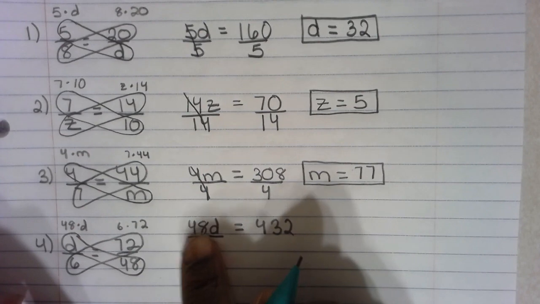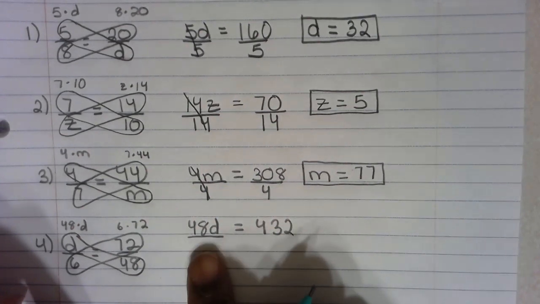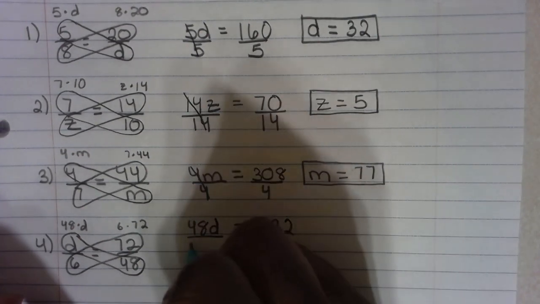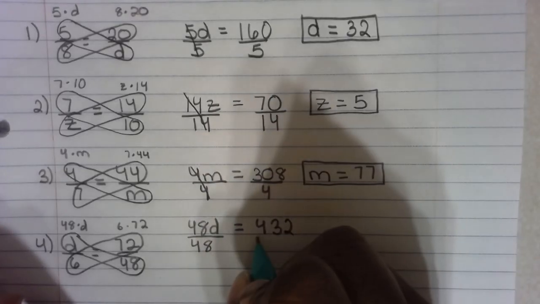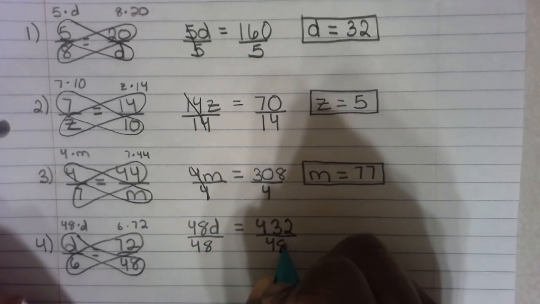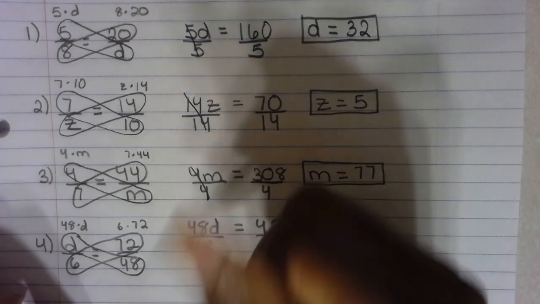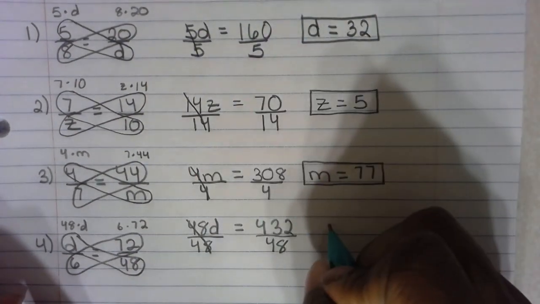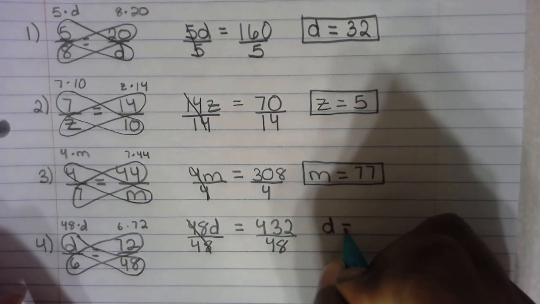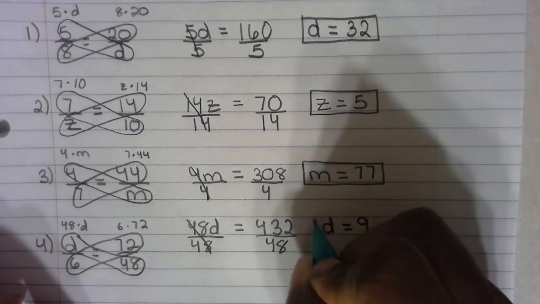Divide. You have to divide by the number that is attached to the variable. So I'm going to divide both sides by 48 because that's the number that's attached to the variable. So my answer is D equals 9.